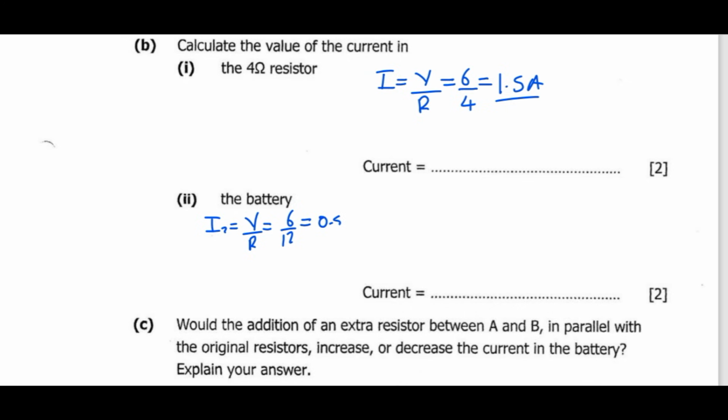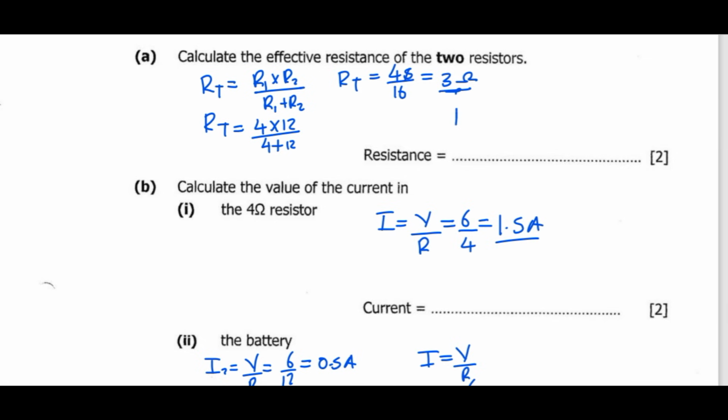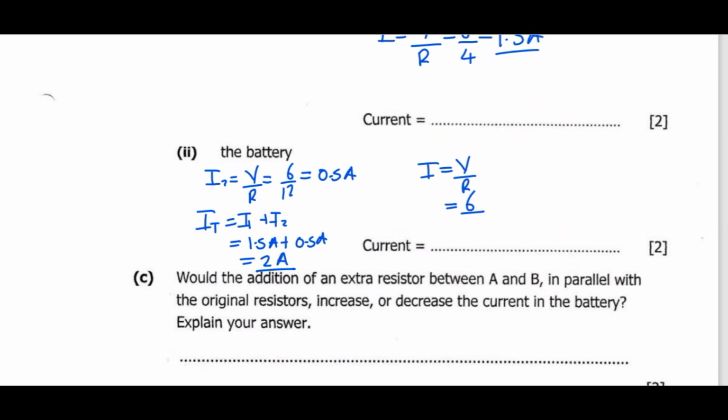If you divide, you get 0.5 amps. So therefore our total current IT is equal to current 1 plus current 2. Current 1 is 1.5 amps plus 0.5 amps, which adds up to 2 amps. Or if you want, you can calculate the total current at once. So it can just be this. Voltage is 6. Total resistance, remember the total resistance we calculated to be 3. So we divide by 3. This gives us 2 amps.